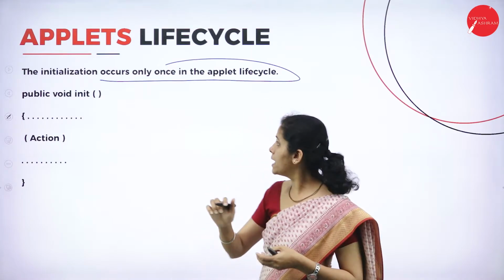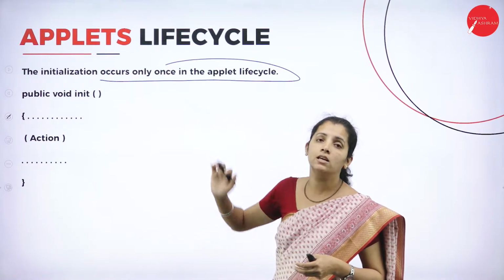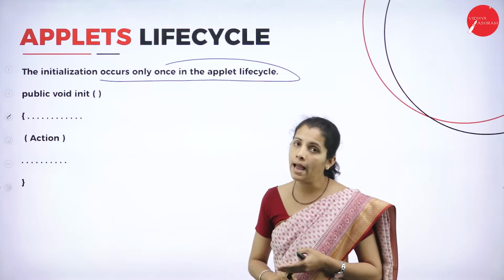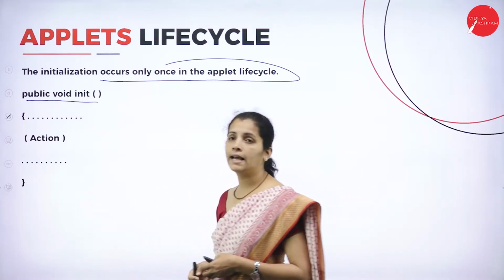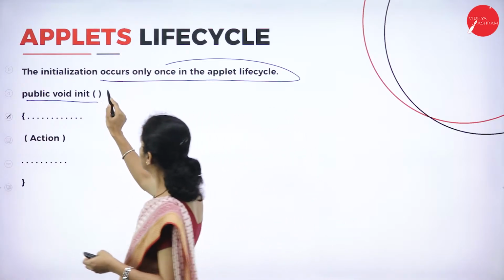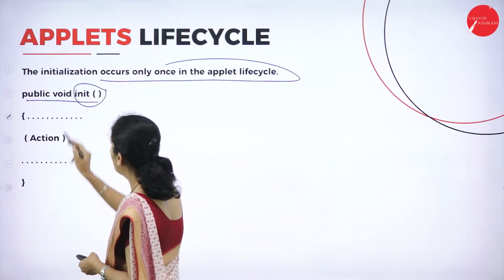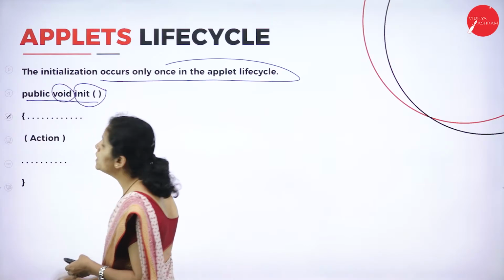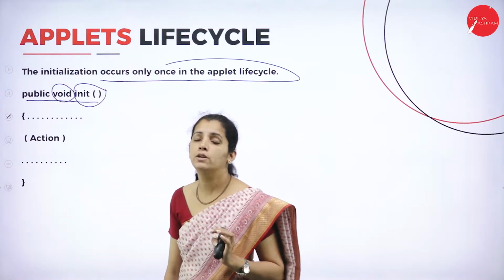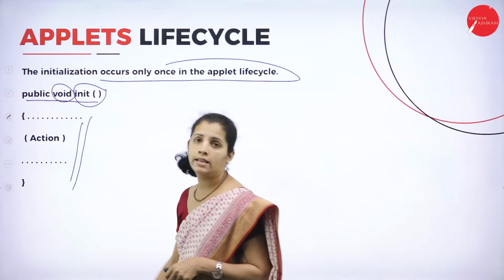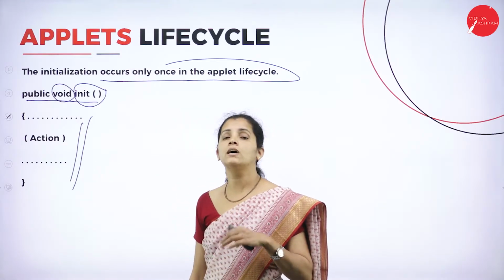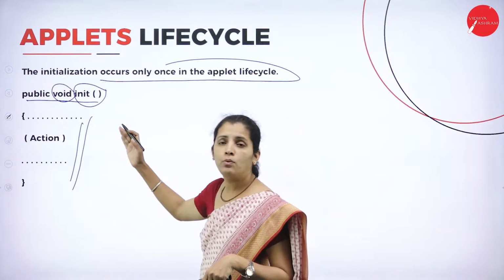That means I can call the init method only once in my applet program. So here I'm going to have the syntax. So init, this is my method name, it does not return any value, and it is public to all. And inside that I'm going to write the statements, that means what operations it wants to perform.